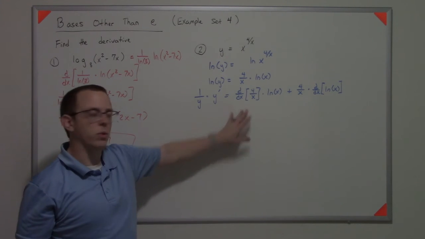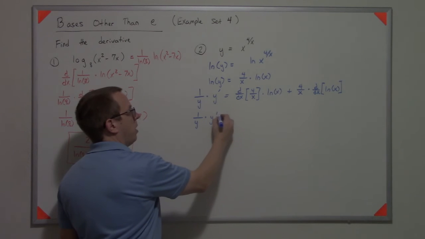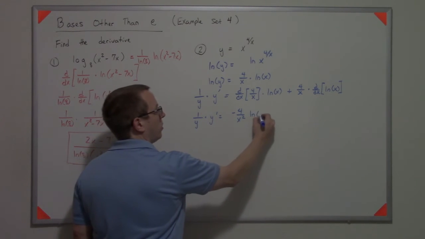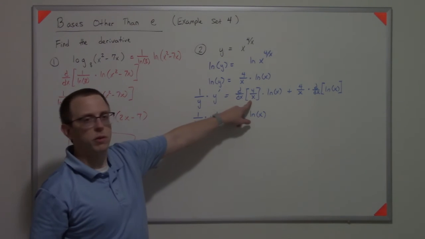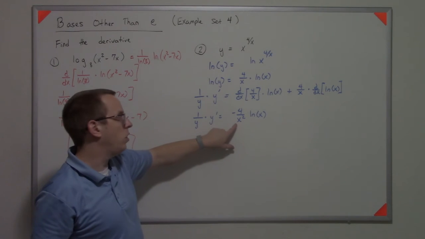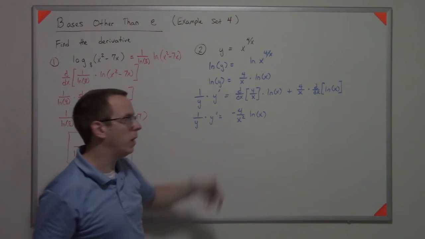So when we take this derivative, we get 1 over y times y prime is negative 4 over x squared natural log of x. If we take that derivative, hopefully you're comfortable enough to see going here to here. If not, you'll write that as like 4x to the negative 1 and then go from there.